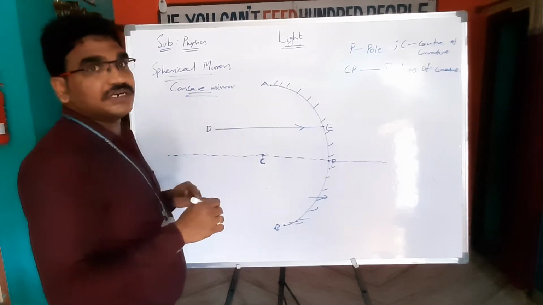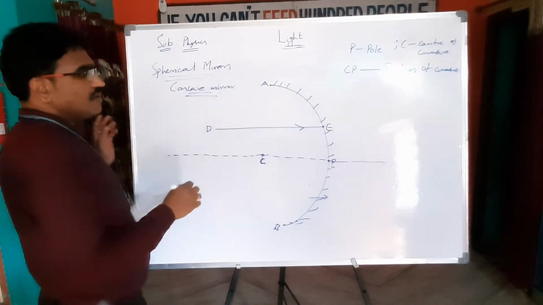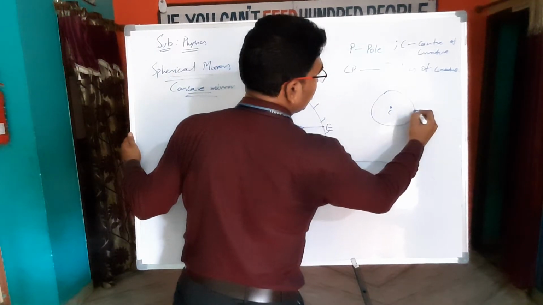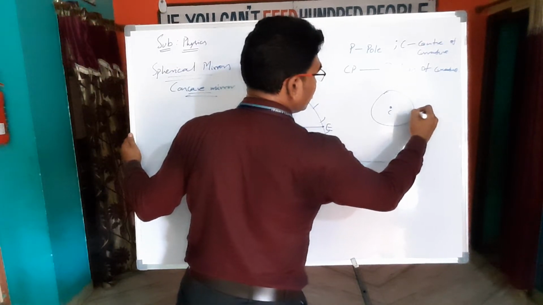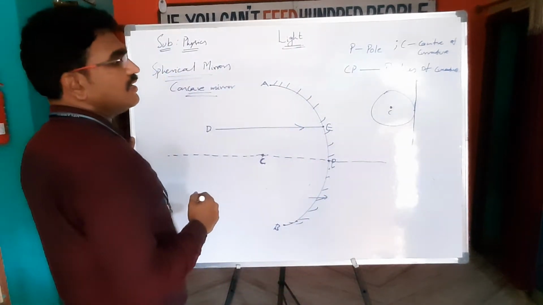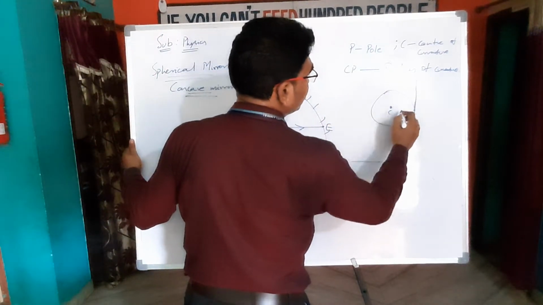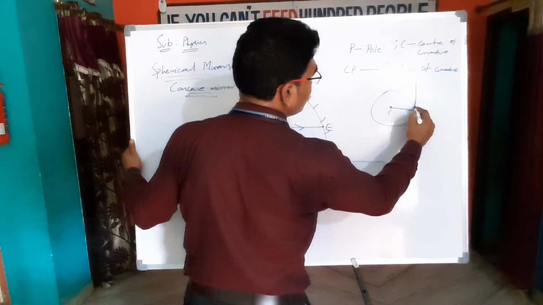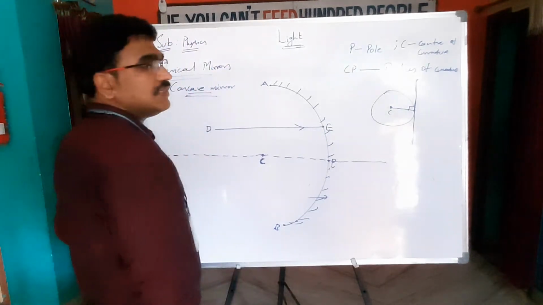When you want to draw the reflected ray, the fundamental point, before drawing it, is to draw the normal. Normal means what? Already we discussed that. If I take a circle and a point on its circumference, and I draw a line just touching that point, the line from the center to this point makes 90 degrees with this straight line touching the point on the circumference, which is nothing but a tangent.